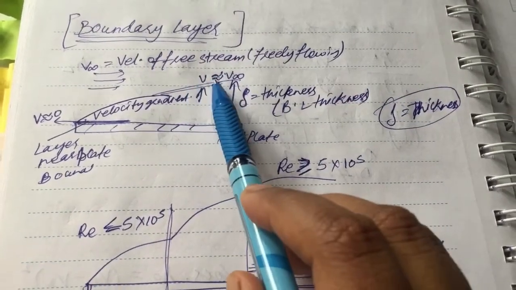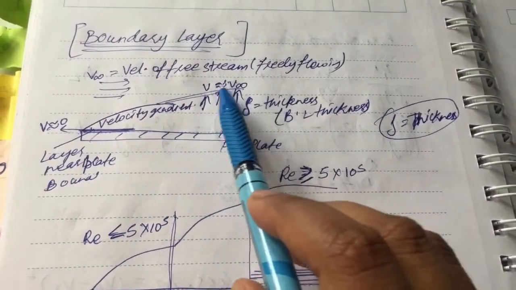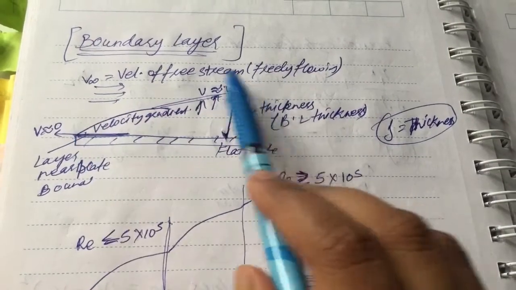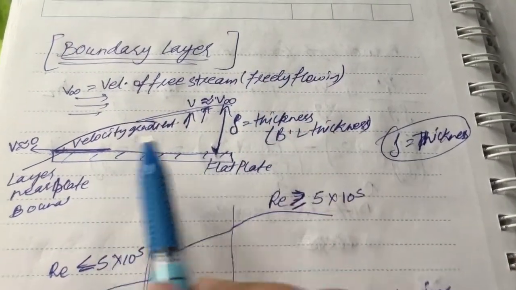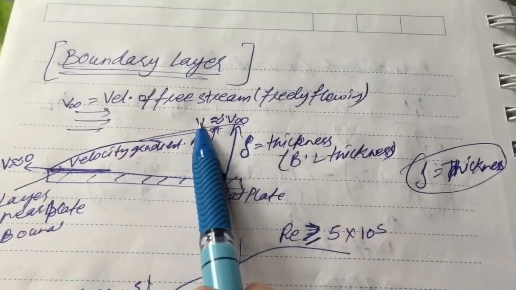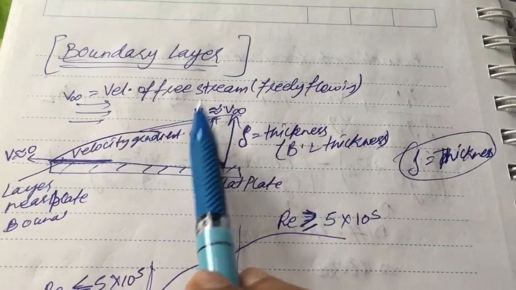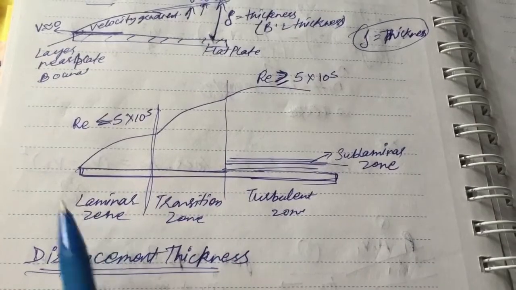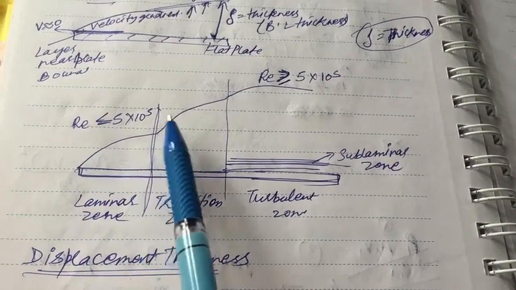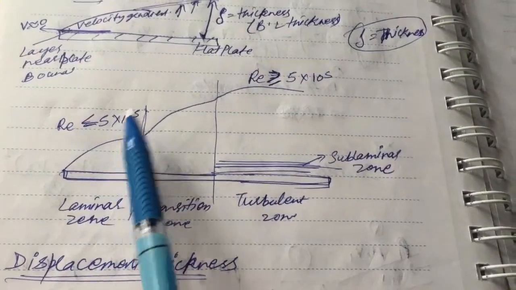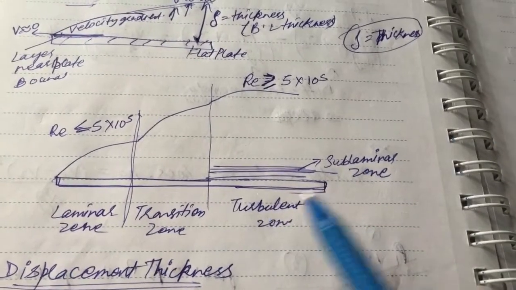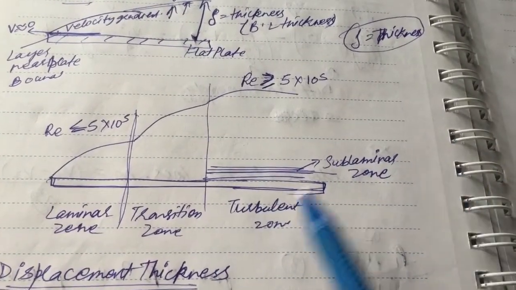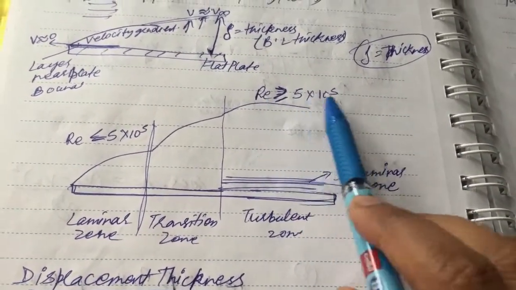Here the velocity of fluid is almost equal to V infinity, the velocity of free stream, and V is our velocity gradient. In case of laminar flow, Reynolds number is less than or equal to 5 into 10 to the power 5, and in turbulent zone Reynolds number is greater than or equal to 5 into 10 to the power 5.